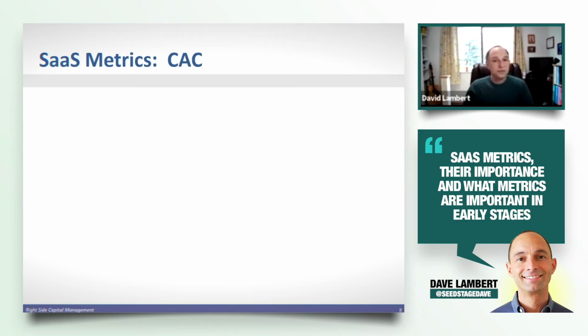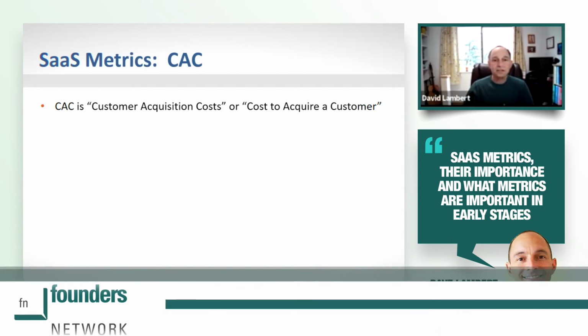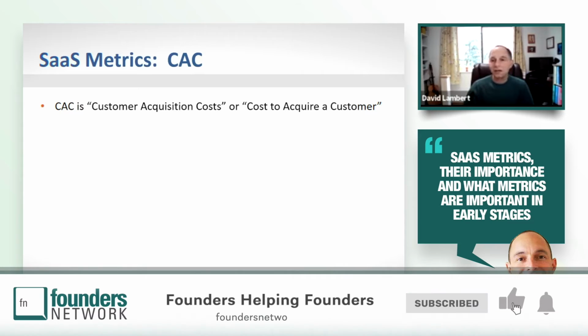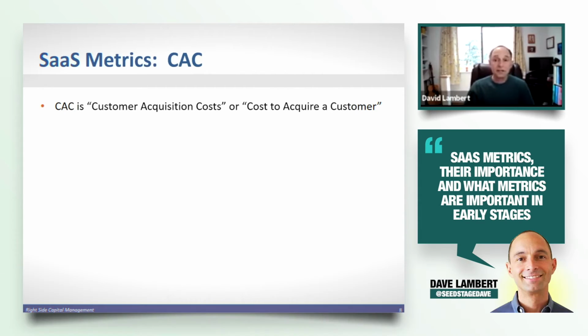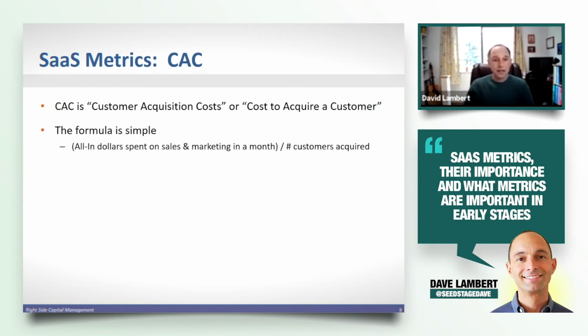So now let's go to another common metric, CAC. CAC is referred to by two acronyms that we see. One is customer acquisition costs, or cost to acquire a customer. Two ways of saying the same thing. Calculating your CAC is simple, though a lot of people will do it wrong. The key point is it's every single all-in dollar that you spend on your sales and marketing divisions in a month divided by the customers acquired. You can do it monthly, you can do it quarterly, it doesn't matter.